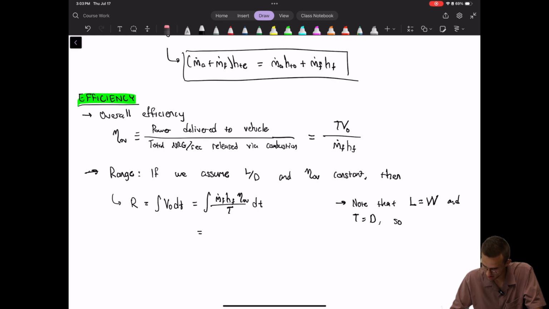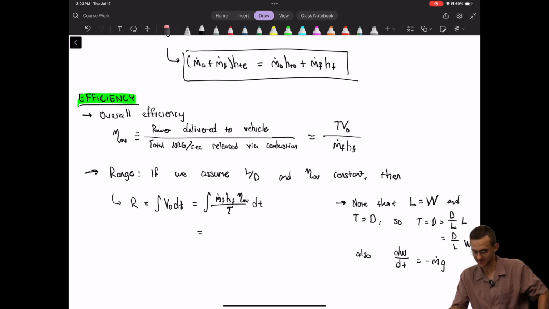So thrust, which is equal to drag, which is equal to drag divided by lift times the lift, which is equal to the drag divided by the lift times the weight. And also, the time rate of change of the weight is equal to minus m dot g. Okay, so m dot meaning the time rate of change of the aircraft.